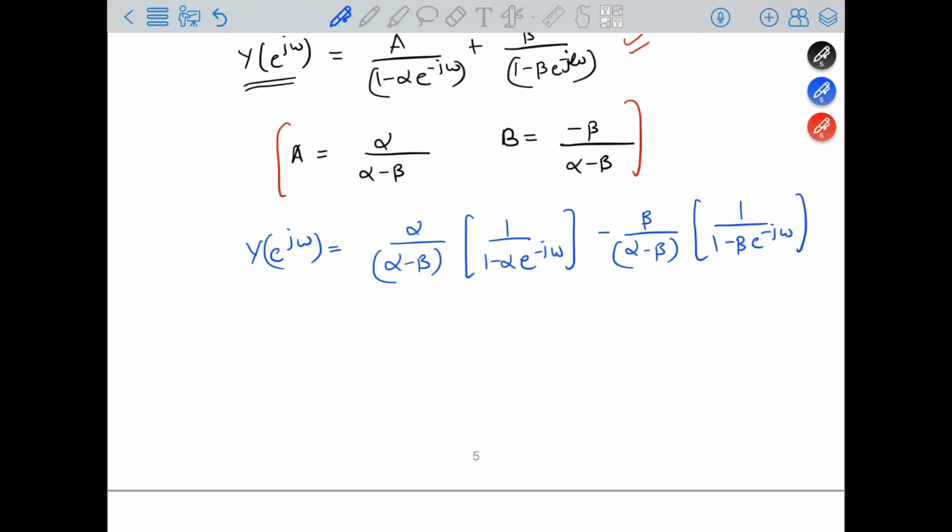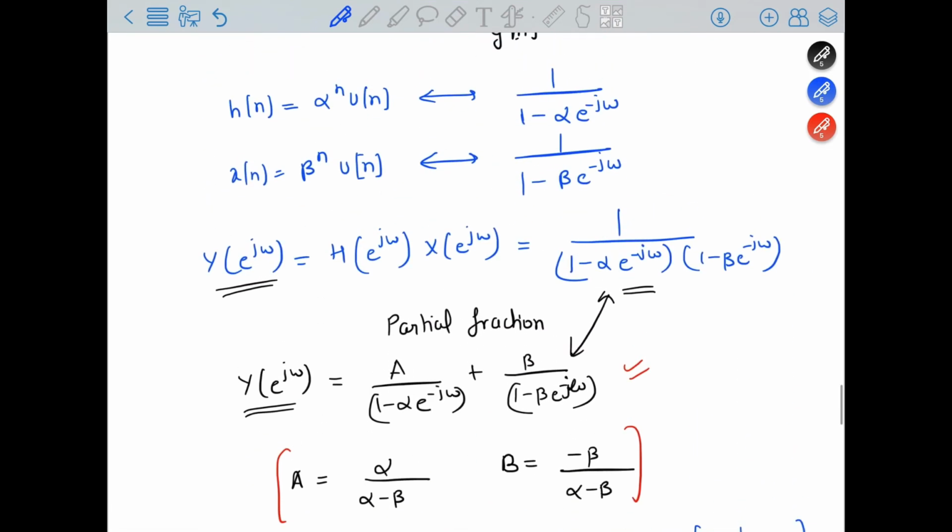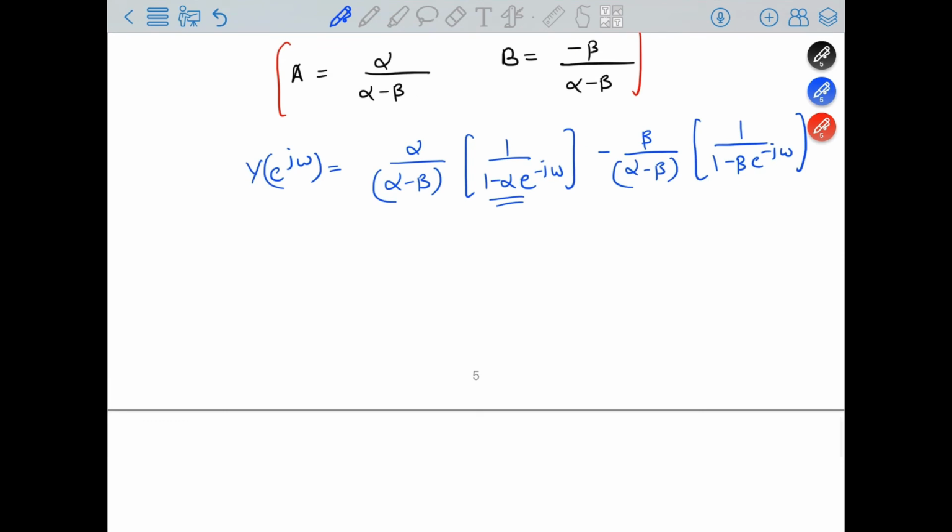Now when we take the inverse Fourier transform, these are simpler forms. We have already seen that the inverse Fourier transform of this expression is equivalent to this expression, so here we just have to replace these values. So what will be the output? The output y[n], the inverse Fourier transform of this expression, will be equal to α over α minus β times α^n u[n].